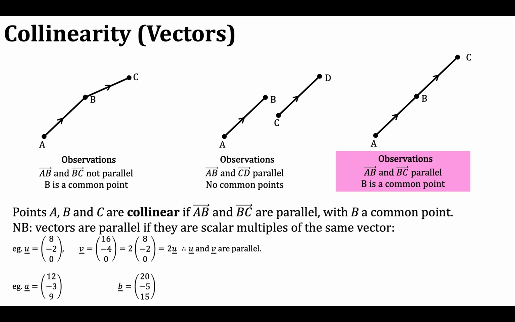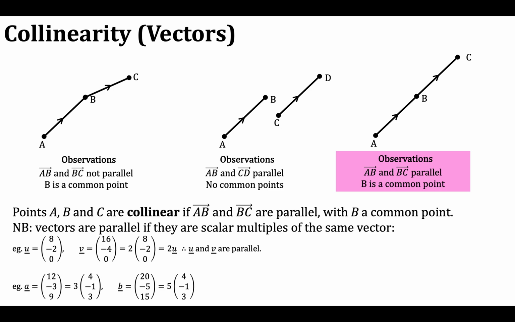Another example, if we have vector a, (12, -3, 9), and vector b, (20, -5, 15). Now, I can see just now that I can't multiply a by a whole number to get b. There are obviously fractions involved here. But what I can notice is that I can express both of these in terms of the same vector, (4, -1, 3).